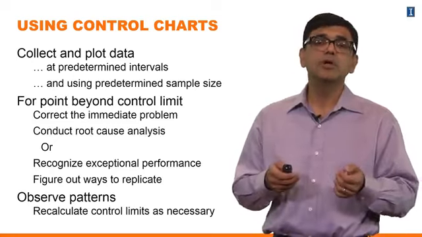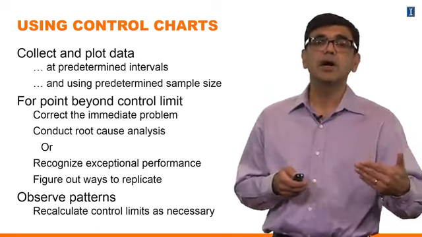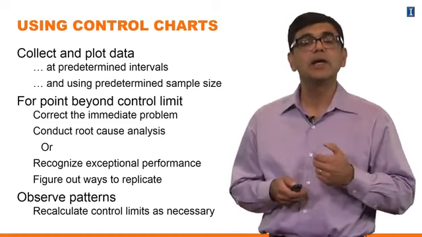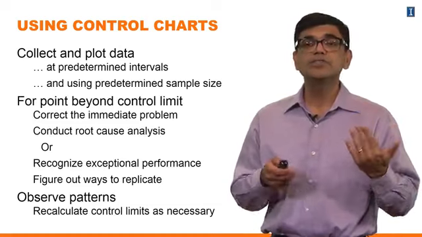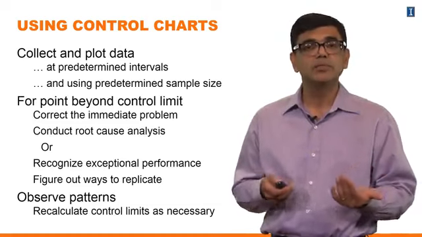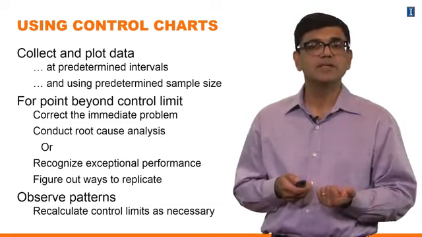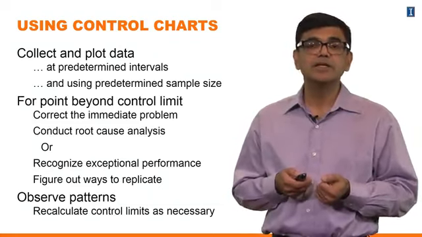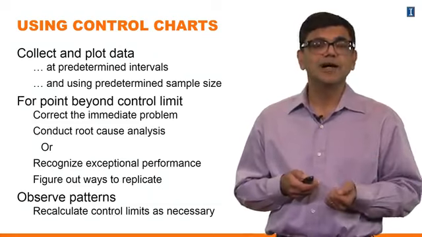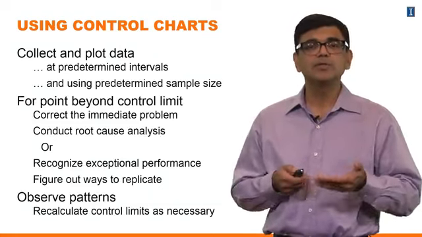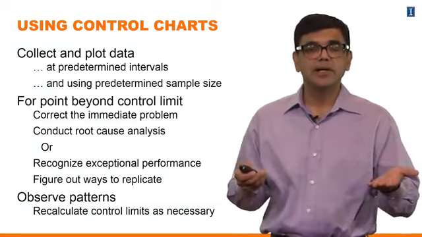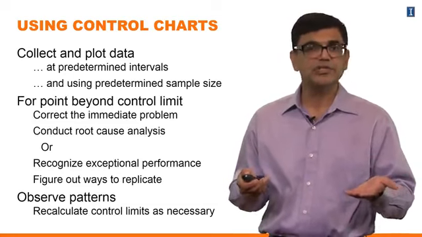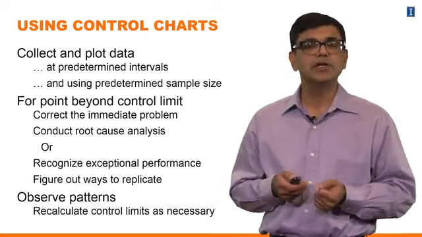But finally, if you do find a lot of points going outside the control limit, you want to do something about it, right? You want to improve the process so that there are no points outside the control limit. But also, more importantly, what that's also telling you is to recalibrate your control limits. So if you're finding too many points outside, it's saying that maybe there's something that's changed in the process that you need to recalibrate your control limits.